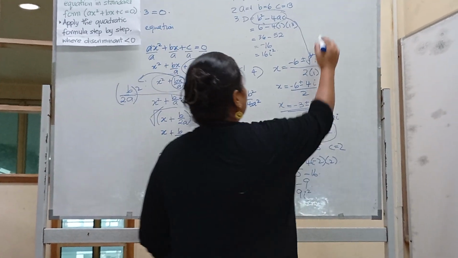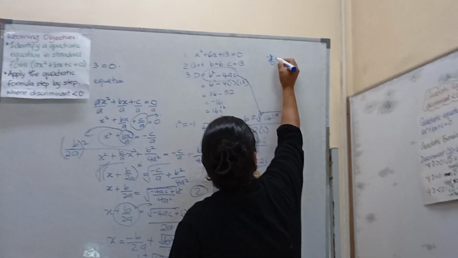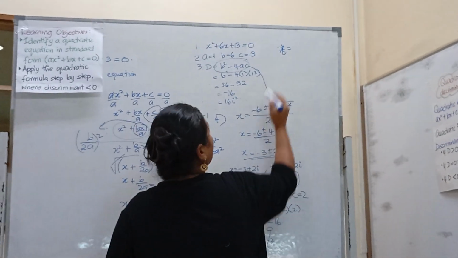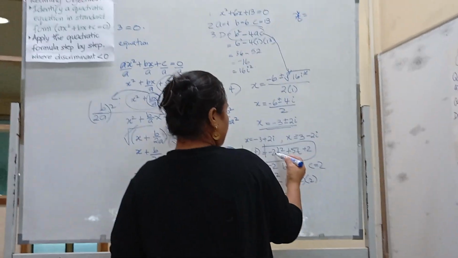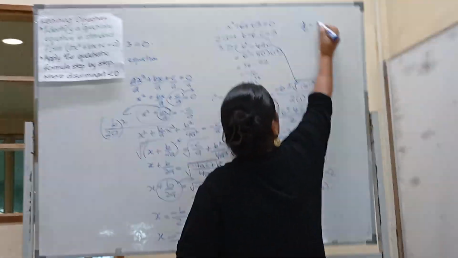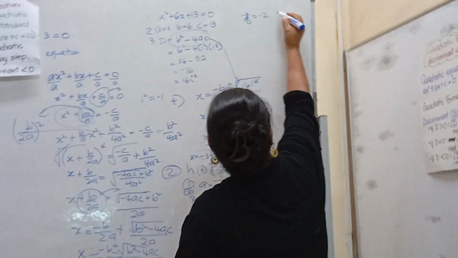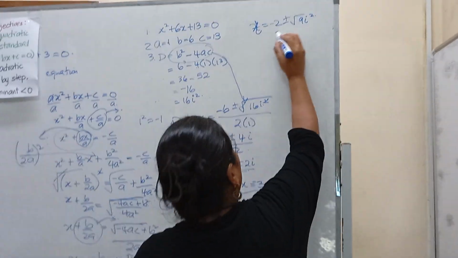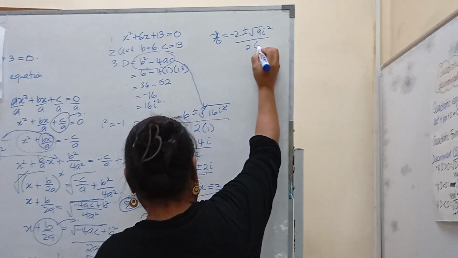Okay, so we apply the formula again. T is equal to negative 2 plus and minus 9i squared over 2 times negative 2.